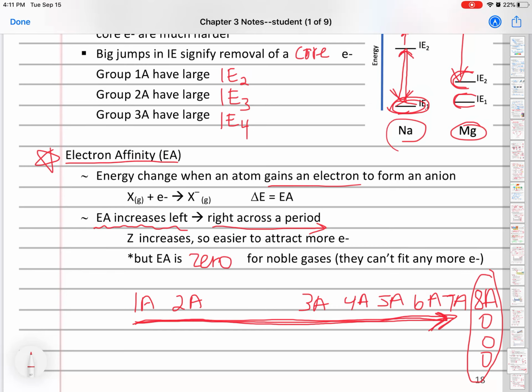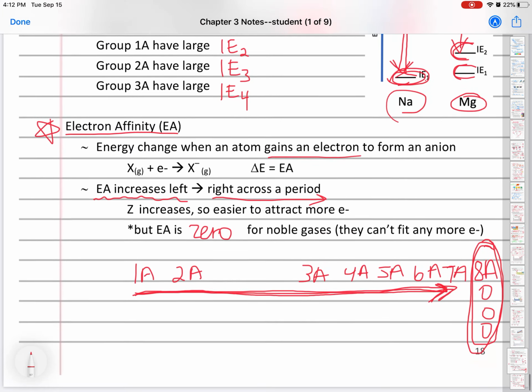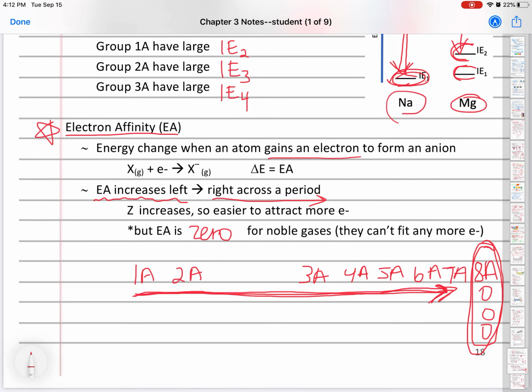And that's because they're full. Their valence shell is full. They can't take any more electrons. They cannot form anions. They just can't do it. So their electron affinity, although it increases across the table to the right, the exception is that when it reaches the very far right, those noble gases, it's actually equal to 0.